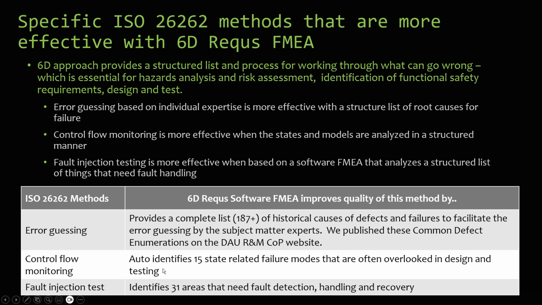Control flow monitoring: of these 187 root causes, 15 are state-related, and they're often overlooked even when people are thinking about control flow. Fault injection: we've identified 31 key areas that need fault detection, handling, and recovery. By looking at the structured list, the software group will be able to consider a wider coverage of things that can go wrong.